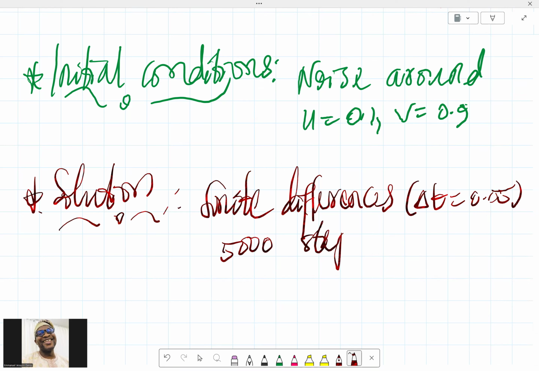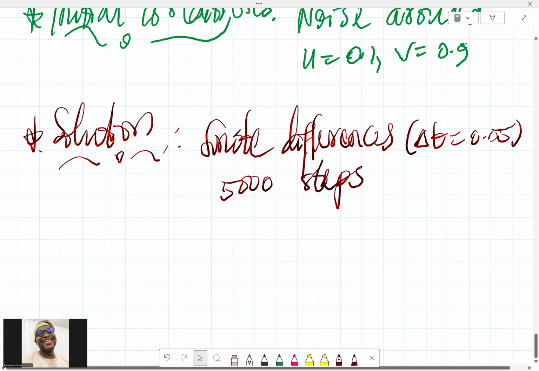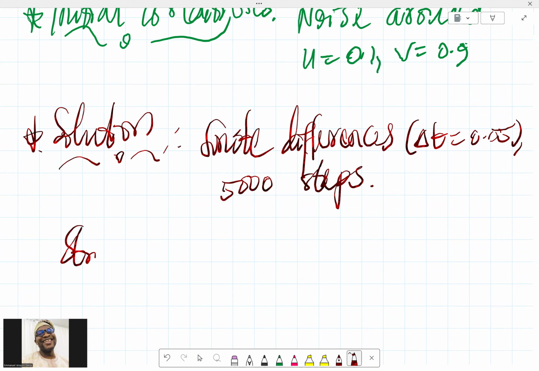So in 5,000 steps, we see that stripes form along the line with a wavelength that is approximately the square root of dv over du.